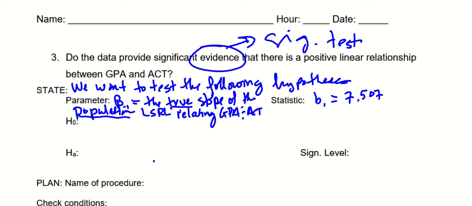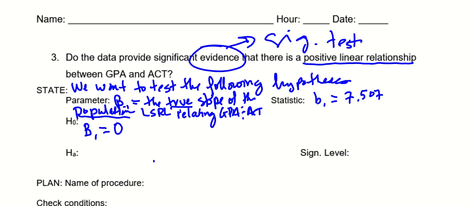Our null hypothesis is going to be about the slope. We're doing a significance test for slope, and it's about the true slope. We're trying to find if there is a positive linear relationship. So our null would be that there's not a positive linear relationship, which for us, we're going to always start with 0.